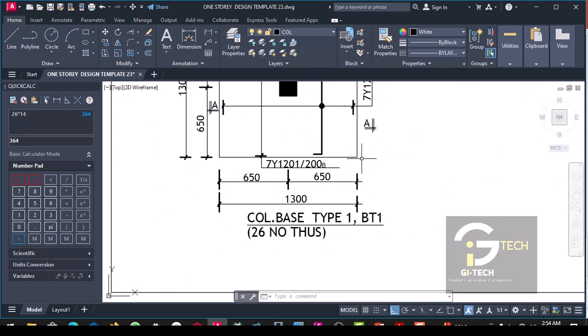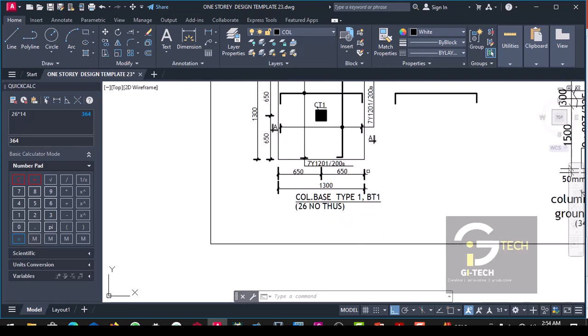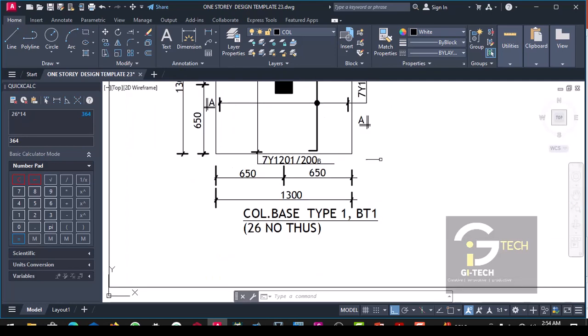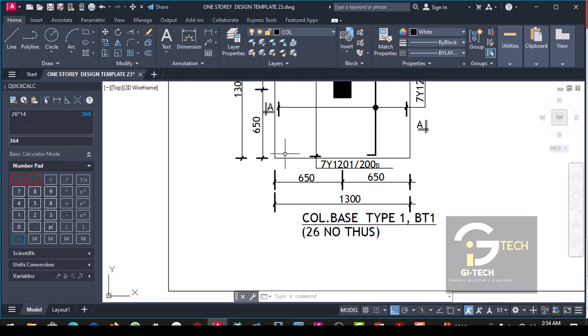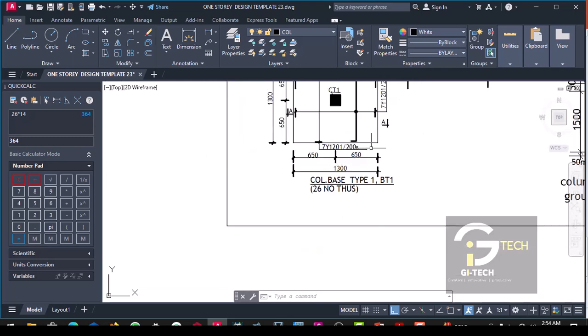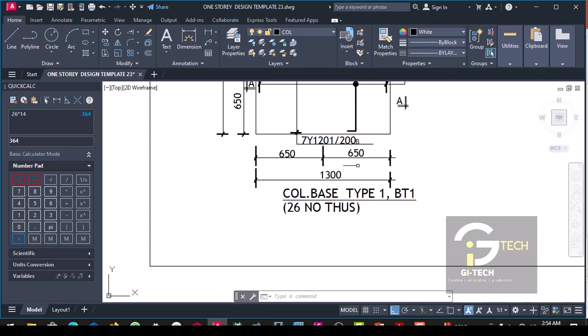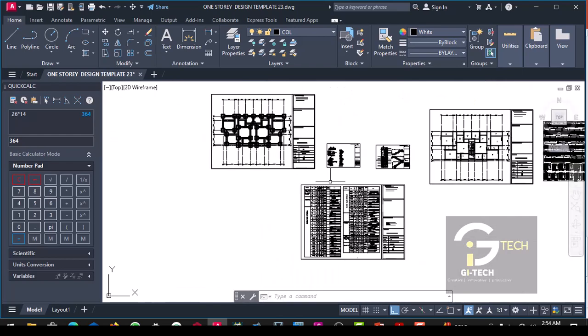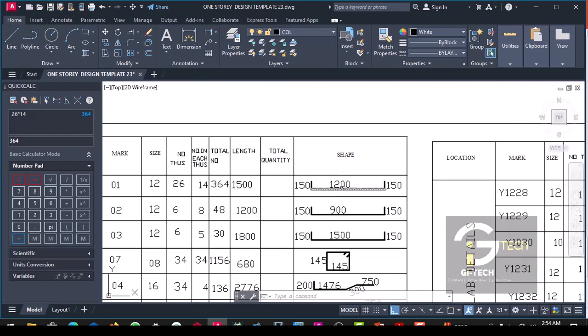Now the cover of the footings is 50. So we subtract 50 from the right hand side and 50 from the left hand side. When you subtract 100, that is 50, 50, from 1,300, you have 1,200.